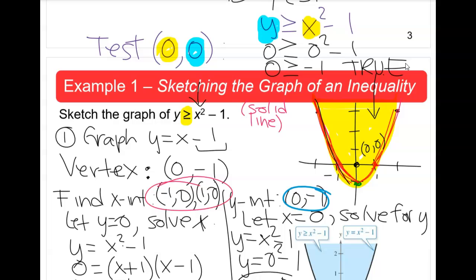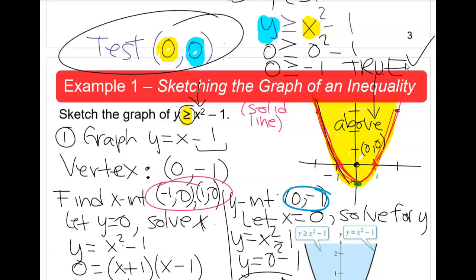You're shading above the line, because whatever points will be greater than or equal. And if it was less than or less than or equal, it will be below the line. But the safest thing to do is to pick a point, test it like we did here, and see if you get a true statement.